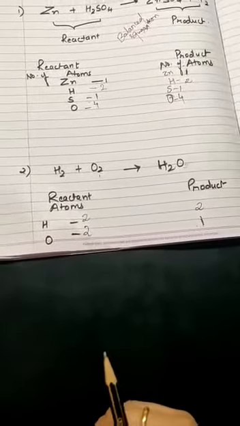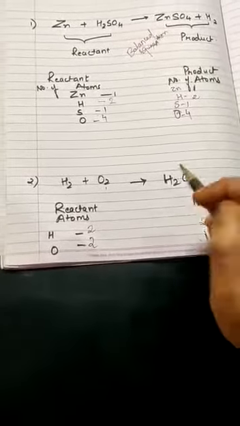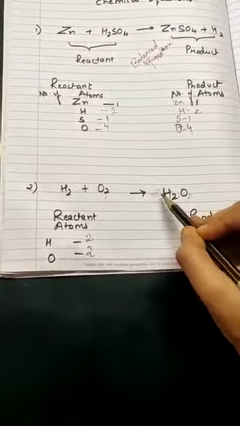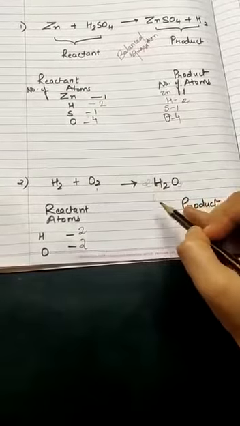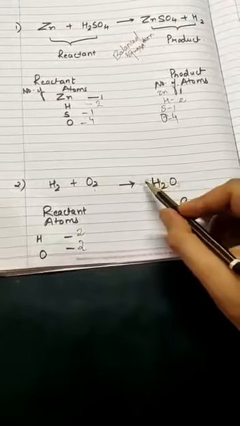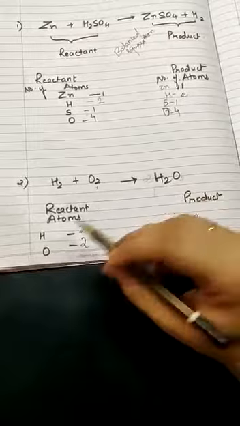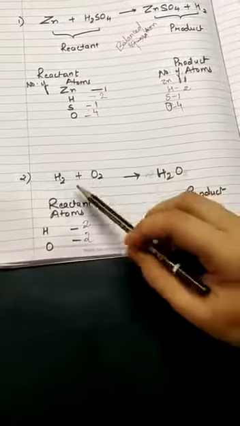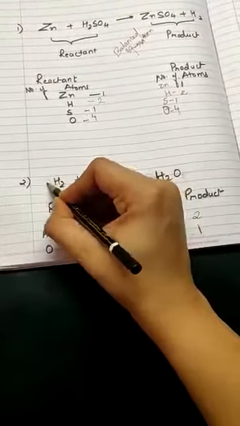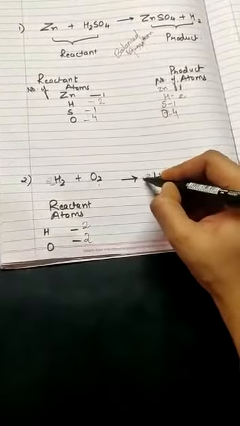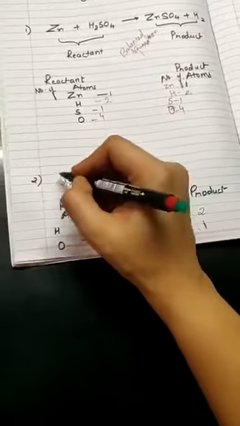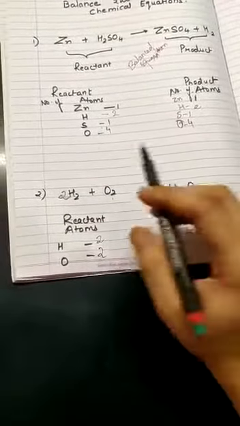Okay, so what further can we do? We can write 2 here. If we write 2 here, then 2 into 2, the hydrogen will go to 4, and this 2 into O will balance the oxygen. So if this is 4 and here it's 2, we can also add 2 here. So let's add 2 here and 2 here. Now is it balancing our equation?